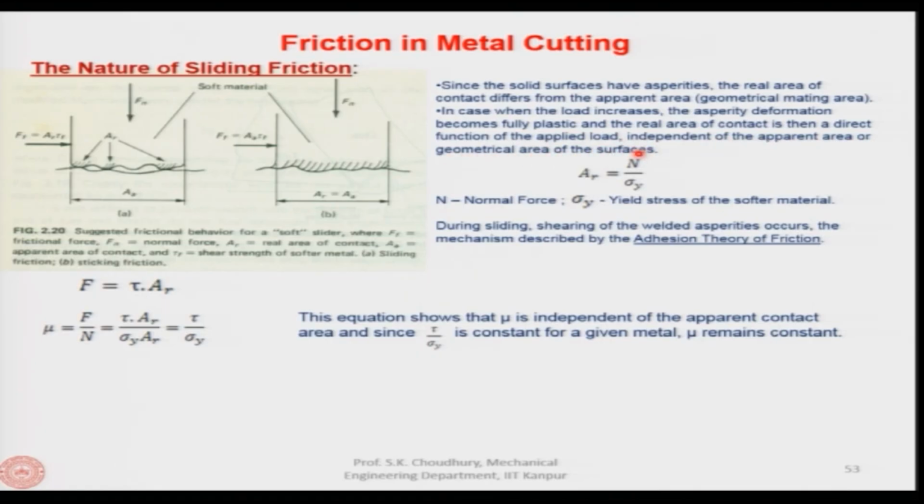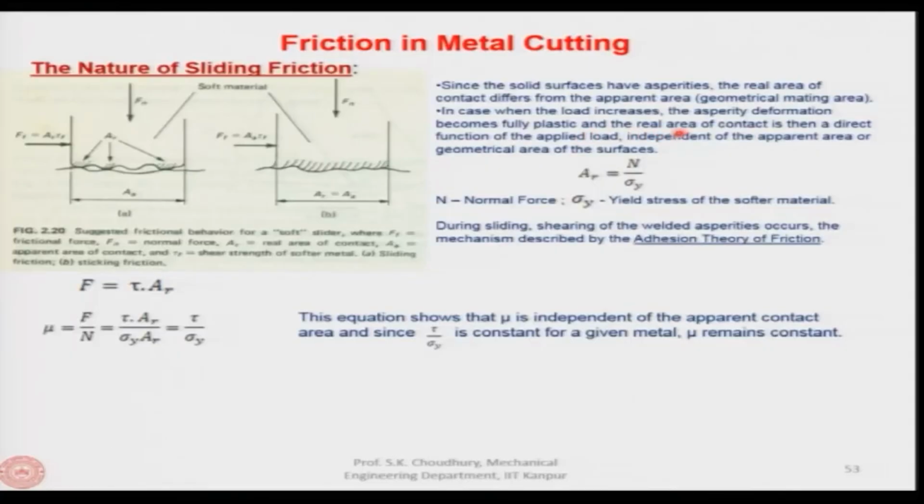So when the load is increasing, the points on which the two surfaces meet on the asperities become initially elastically deformed, and as the load increases further, the elastic deformation becomes plastic deformation. In that case, the real area of contact is a direct function of the applied load N, independent of the apparent or geometrical area of the surfaces.